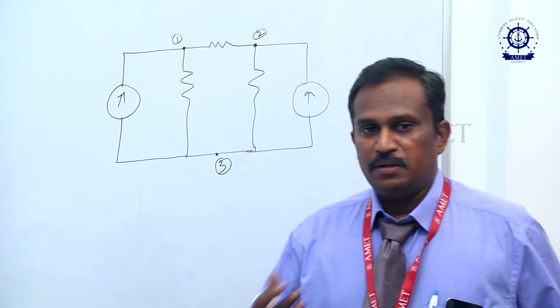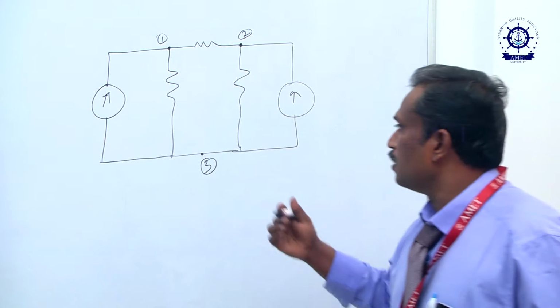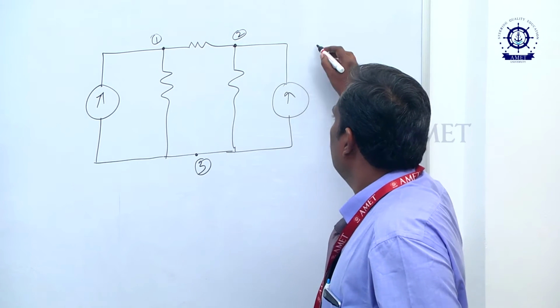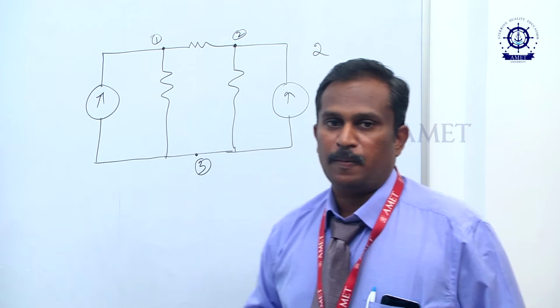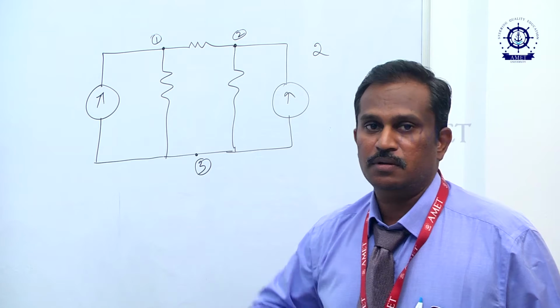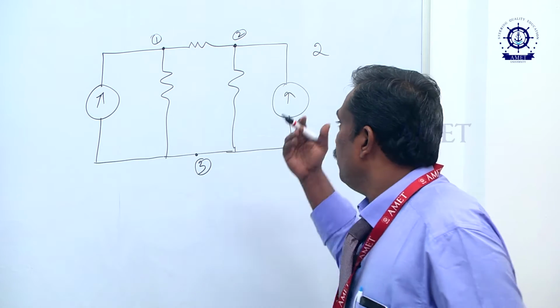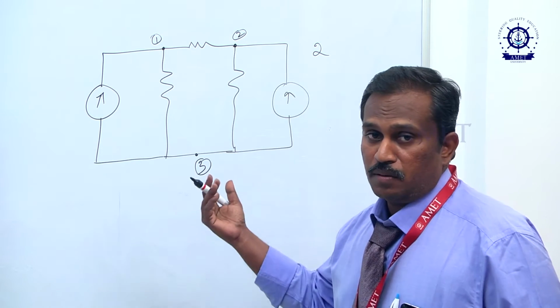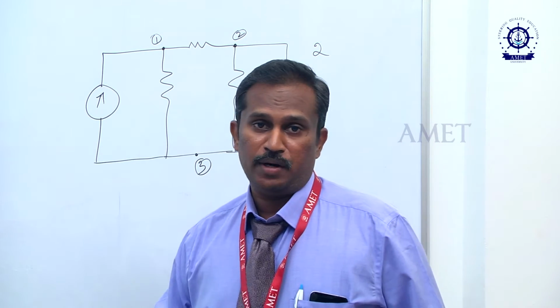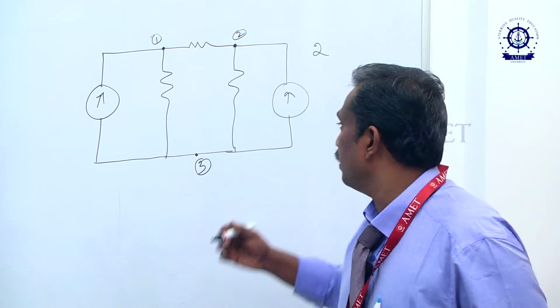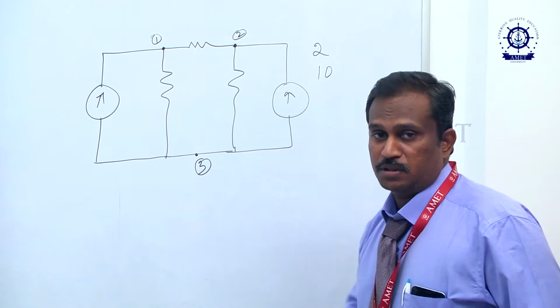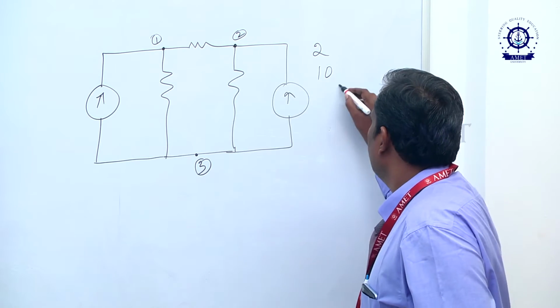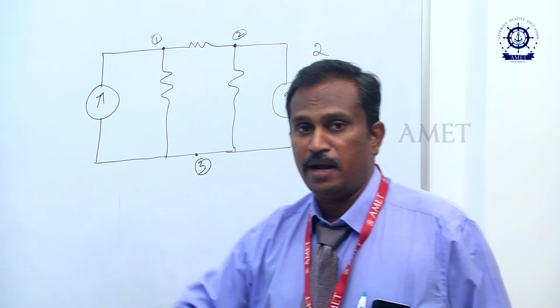If you have 3 nodes, then there is a possibility of forming 2 equations for 2 unknowns. If we have 2 unknowns, we can form 2 equations to find them. Similarly, if we have 10 nodes, then there are 9 equations and 9 unknowns.